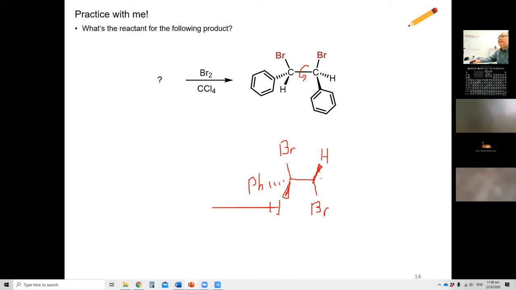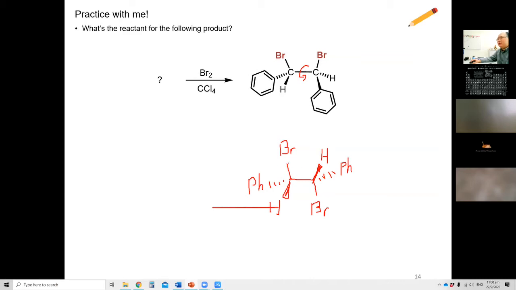And how about the phenyl? The phenyl will be rotated to the back, okay? You have a phenyl. Sorry again for this ugly drawing. And now you have the anti-like product, right?